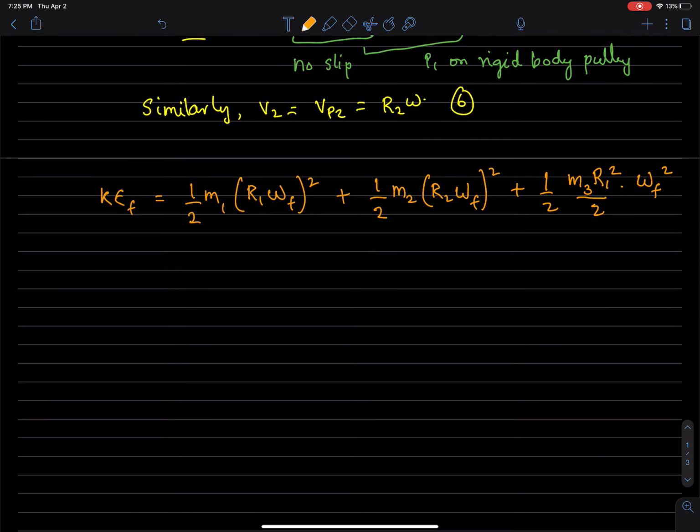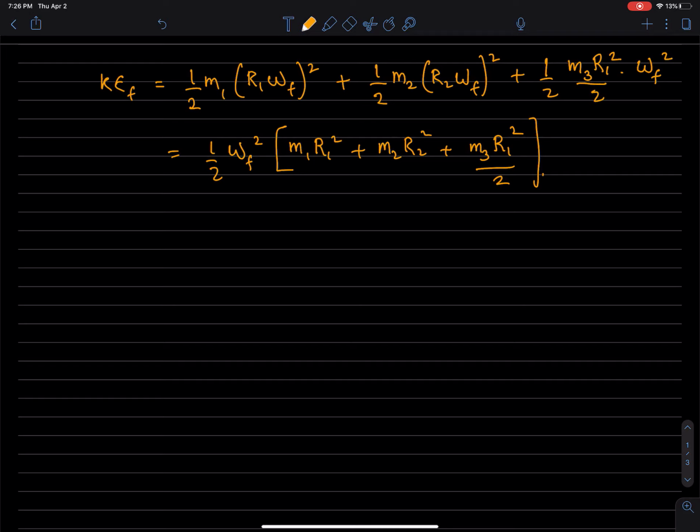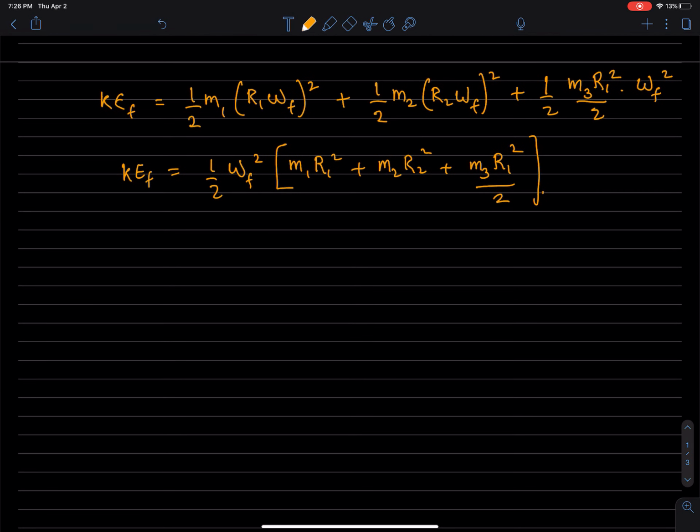Okay, so we can combine terms here: half omega final squared times M1 R1 squared plus M2 R2 squared plus M3 R1 squared by 2. Okay, so that's the kinetic energy final expression. We've reduced it to just one unknown here so far. Let's call this equation 5 for kinetic energy final.